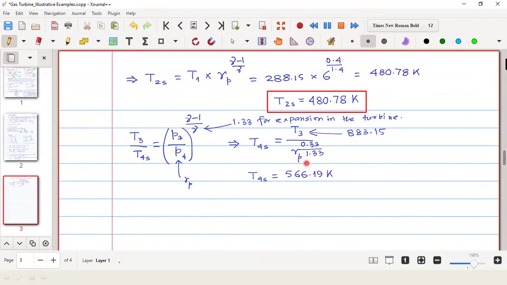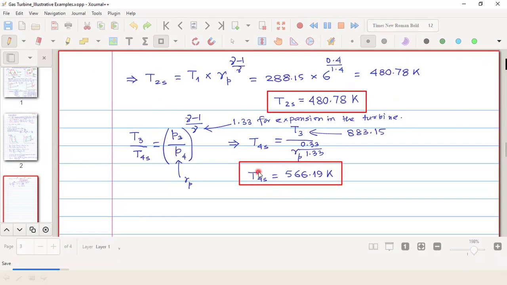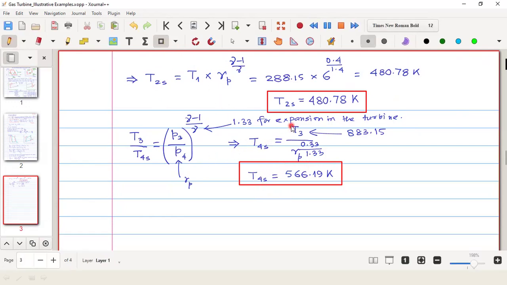Kelvin. All these quantities are calculated in Kelvin so that we can easily put them in the proper formula.